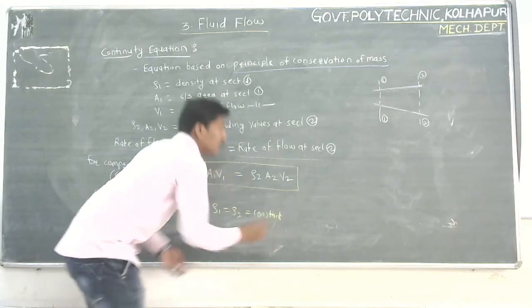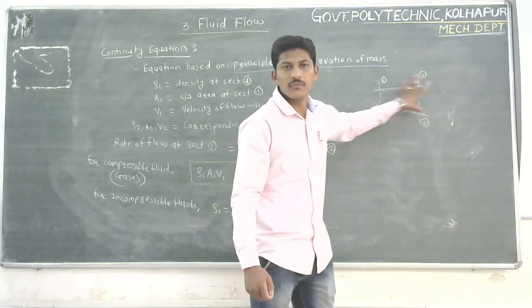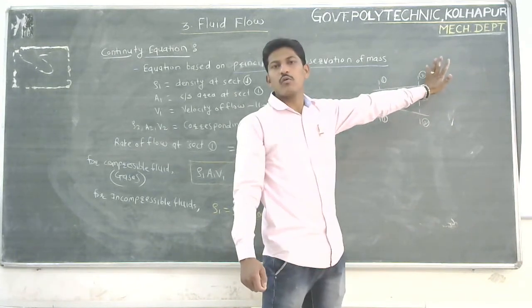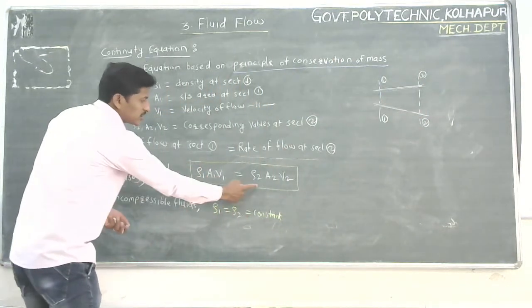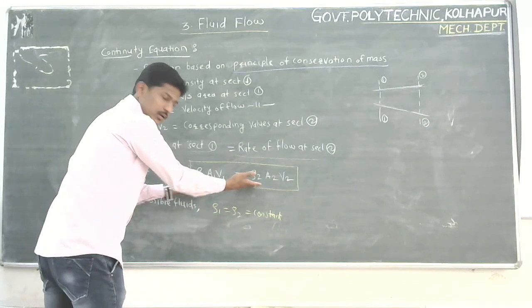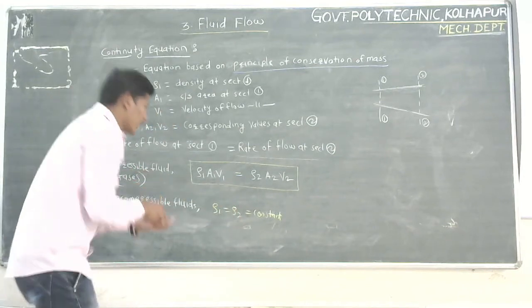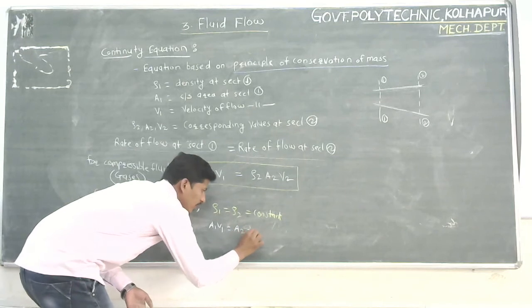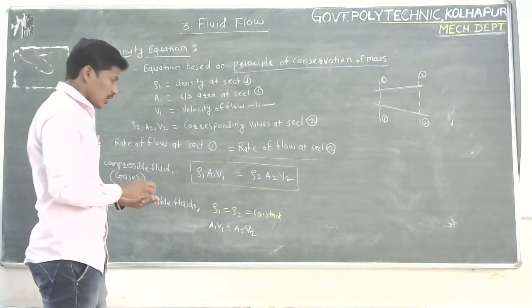That means, for incompressible fluids, the density of the fluid does not vary from point to point. The density will remain constant throughout the channel, throughout the pipe. So density 1 and density 2 will get cancelled because they are equal. Rho 1 is equal to rho 2 as the fluid is incompressible. So what formula will we get? A1 V1 is equal to A2 V2.